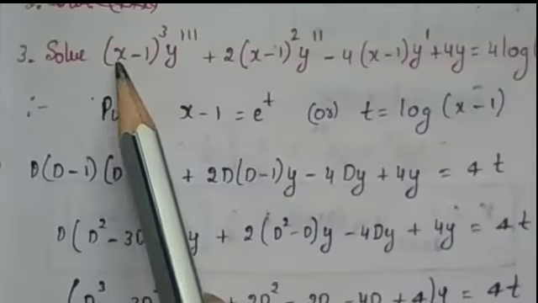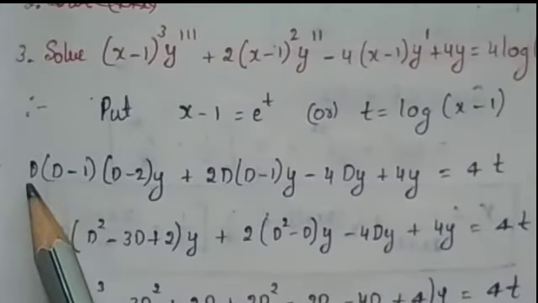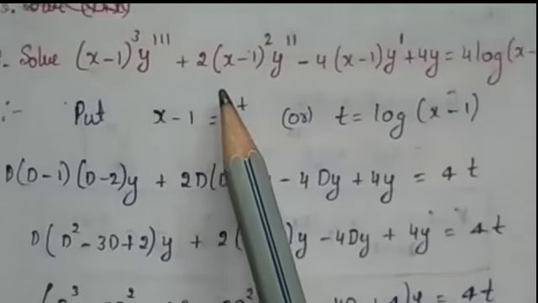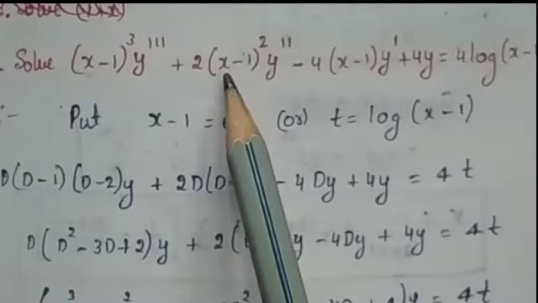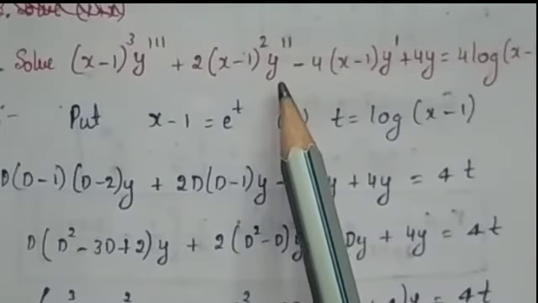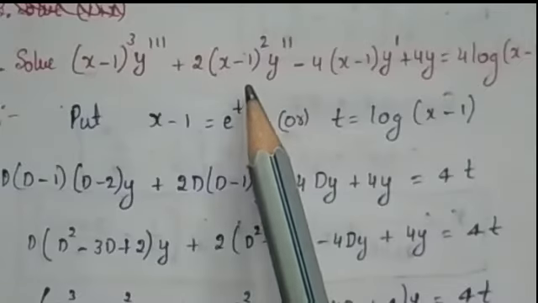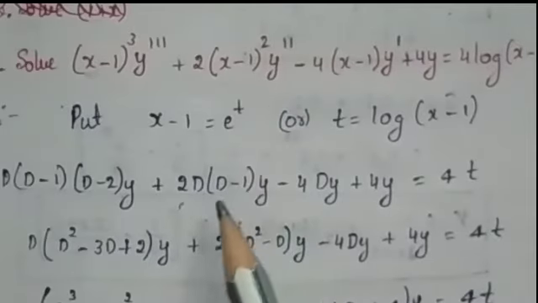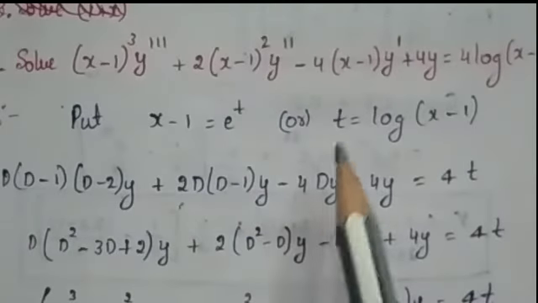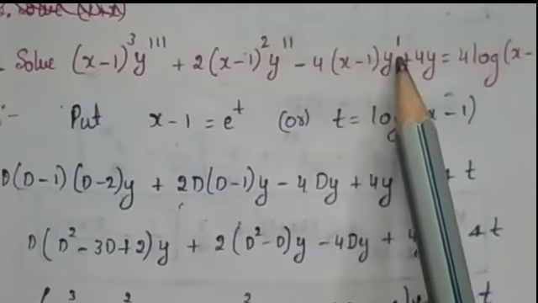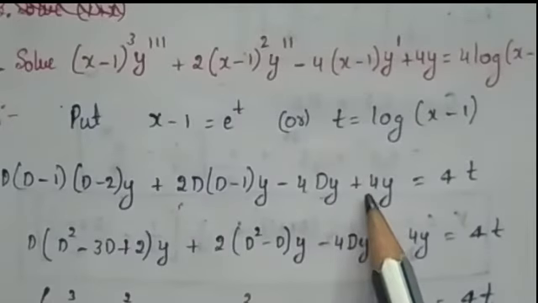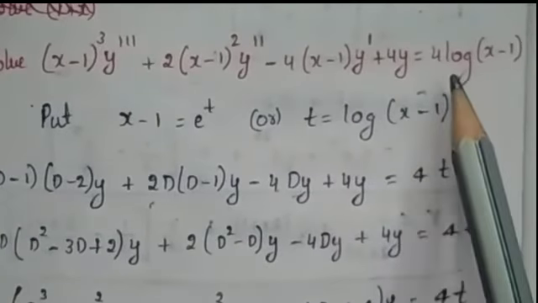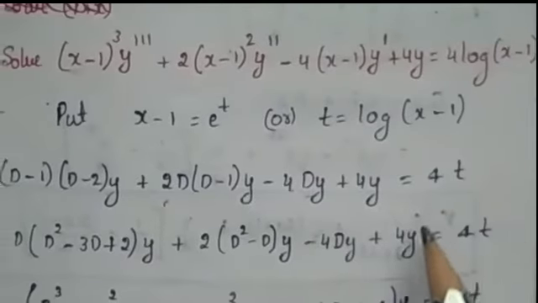A value is 1, so you get D into (D minus 1) into (D minus 2) into y, plus 2 into, of the form (ax plus b) whole square d square y by dx square, a value is 1, so you get 2 into D into (D minus 1) into y, minus 4 into (x minus 1) y dash, which is nothing but Dy, plus 4y as it is, equal to log of (x minus 1), which is nothing but t.